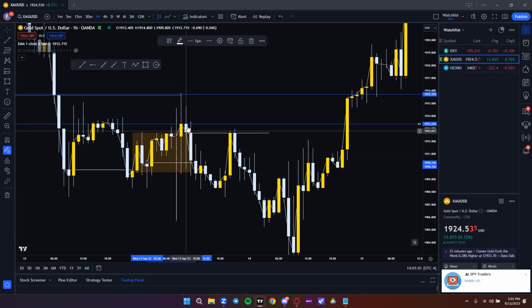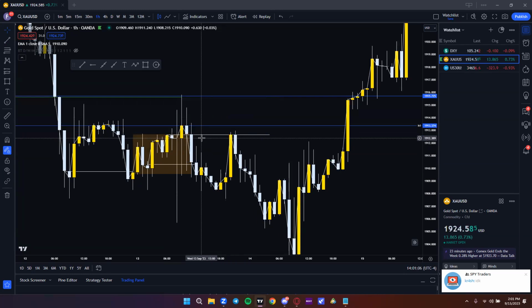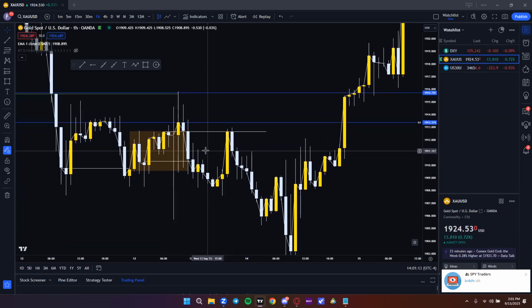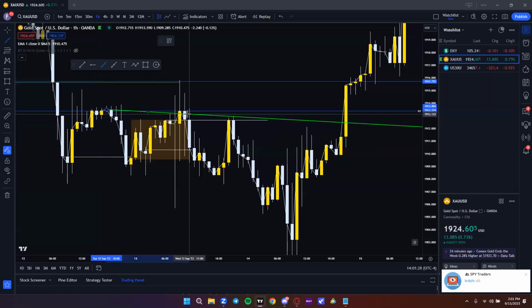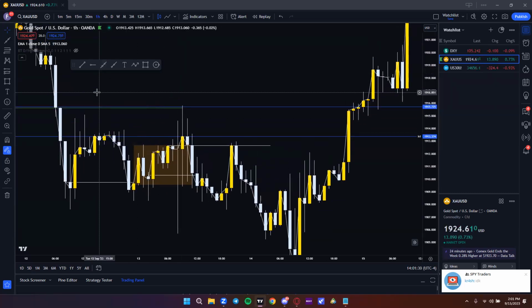And quite coincidentally, it lines up with your QML level, but it's reacting to the decision level. So that's what gave us the sell. Whenever I'm back testing and I do this, I always try to look for trend lines. And your trend line for this one could have been, let's see.